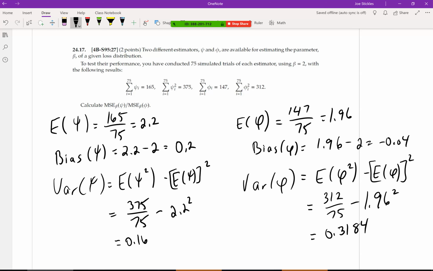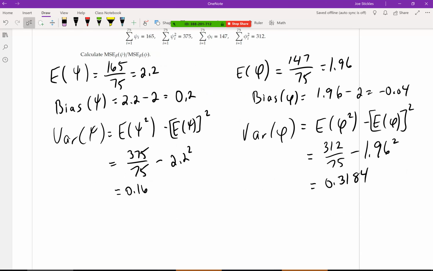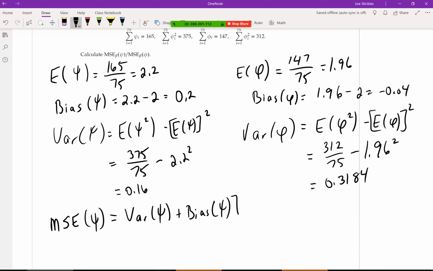All right, so now for the last pieces, we want the mean square error. I'm not going to bother doing the division, but this is going to be the variance of psi, is what I'm working with, plus the square of the bias. So we've got 0.16 plus the bias 0.2 squared, and that gives me 0.2.